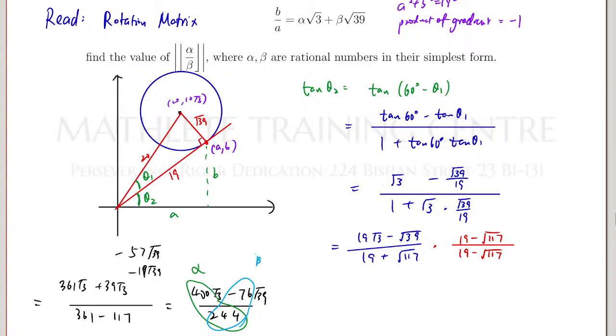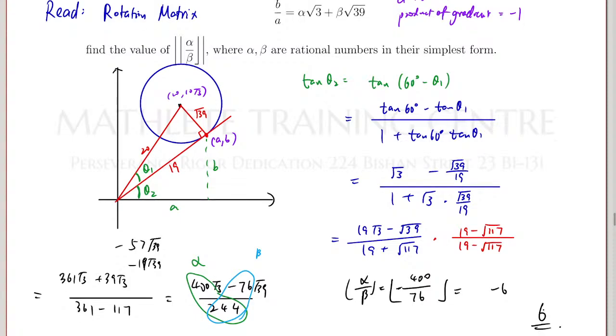Right. So in fact, you don't have to care about the 244 because alpha over beta is just going to be 400 over negative 76. But it's negative. So when you round down, it becomes negative 6 instead of negative 5. And so when you take absolute value, 6. Okay, that was a little bit of a long-winded question, right? Pretty tedious.